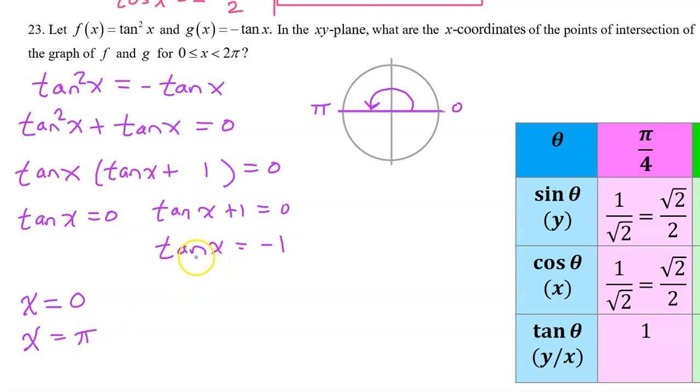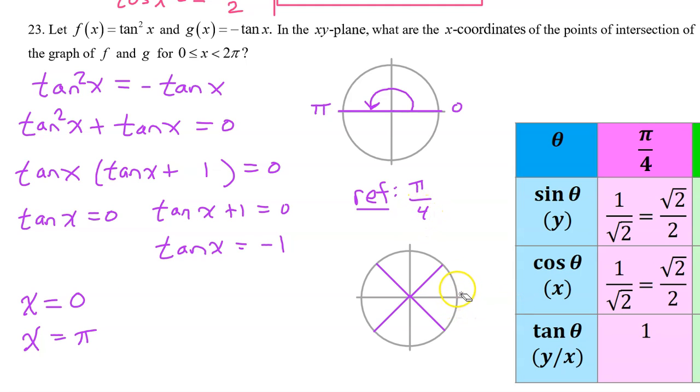So now what about the tangent of x is equal to -1? We can find the reference angle by ignoring the negative sign and asking ourselves, the tangent of what is equal to 1? We have memorized that the tangent of pi over 4 is 1, so the reference angle is pi over 4.